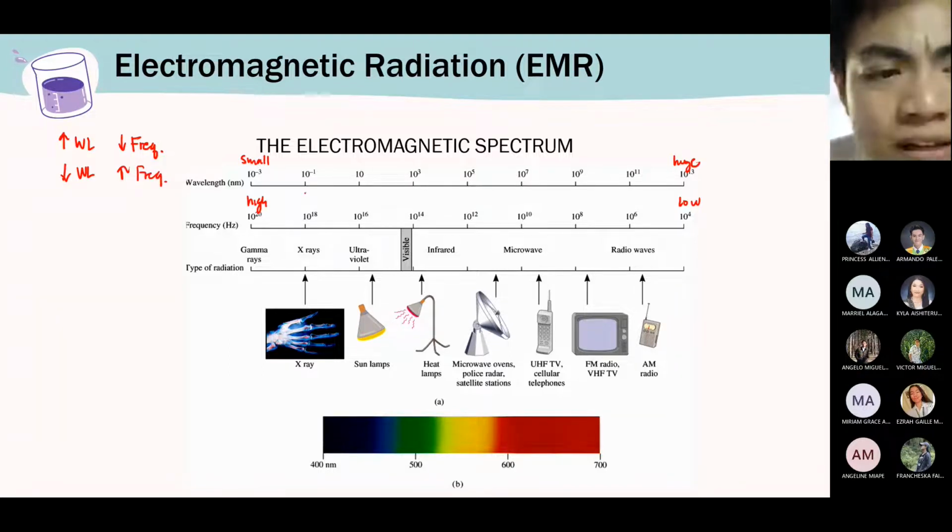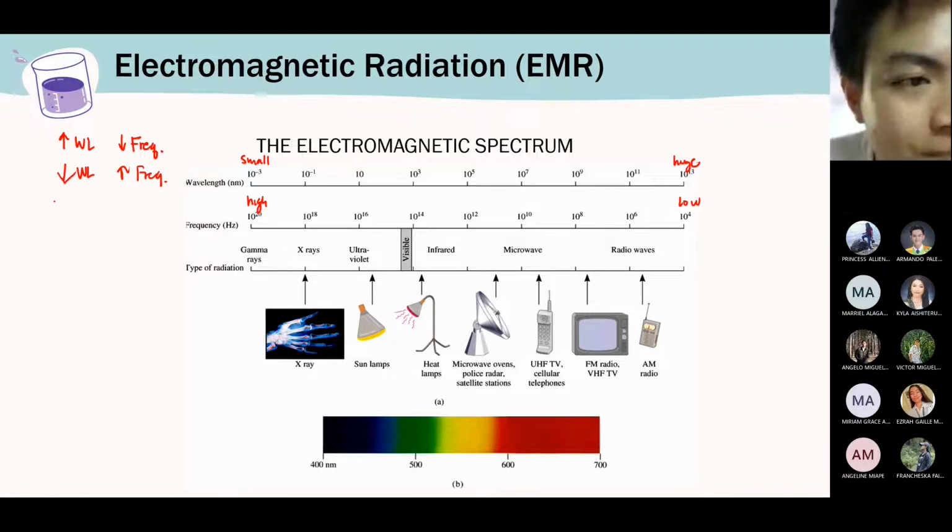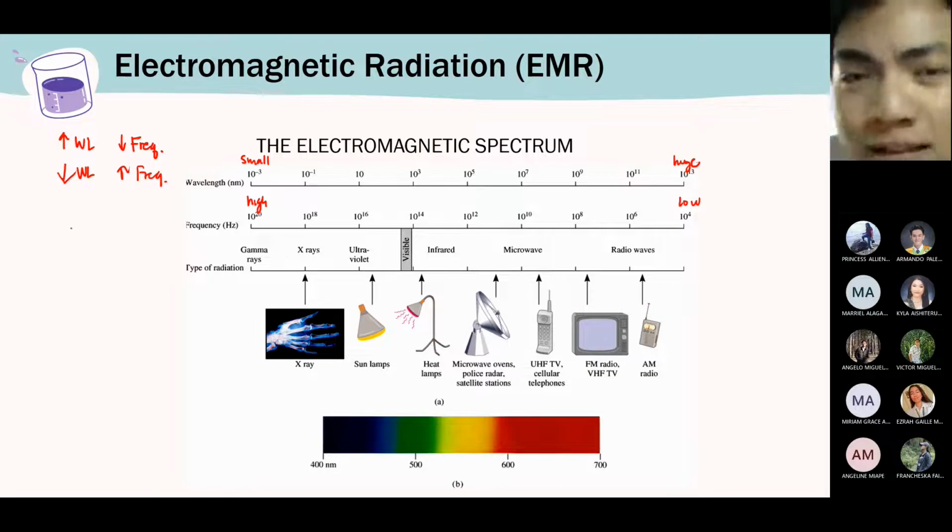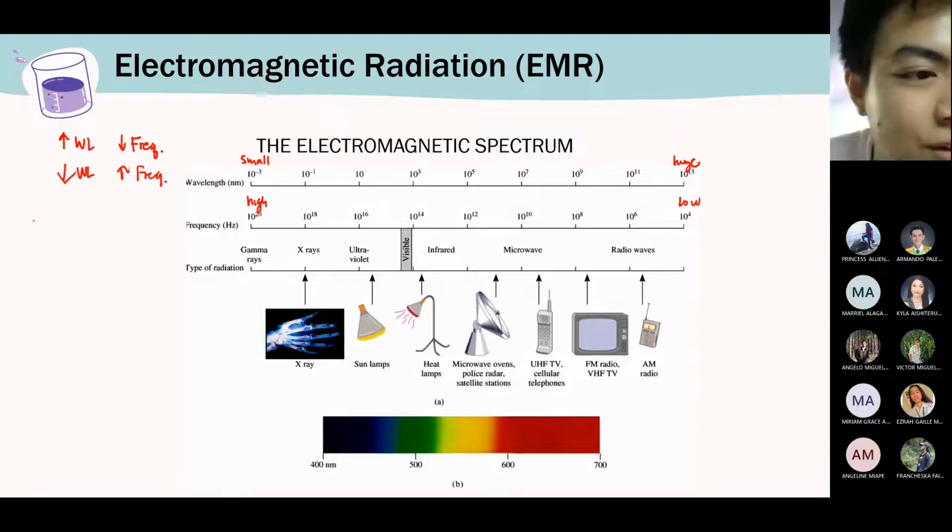Let's define frequency first, so you have an idea what wavelength and frequency are. When you say wavelength, this is the distance traveled by a cycle of an oscillation of energy.